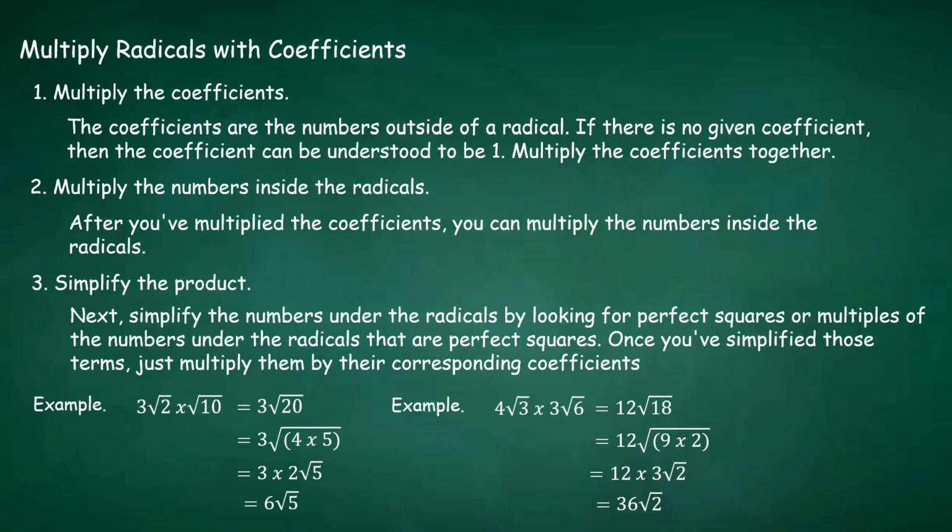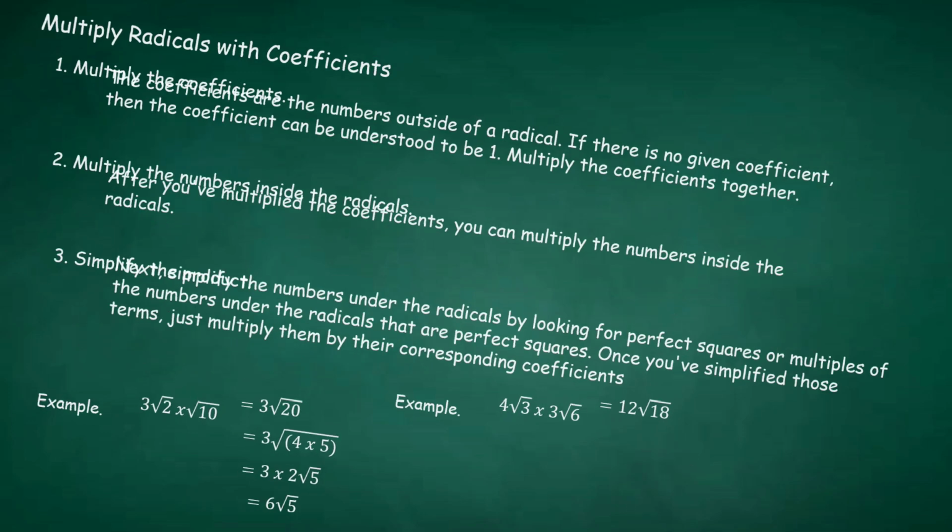Simplify. We need to factor 18. So the factors of 18 are 9 times 2, so that we can take the square root of 9. The square root of 9 is 3, and then put the number 3 outside the radical, so 12 times 3 is equal to 36, so the final answer is 36 square root of 2.